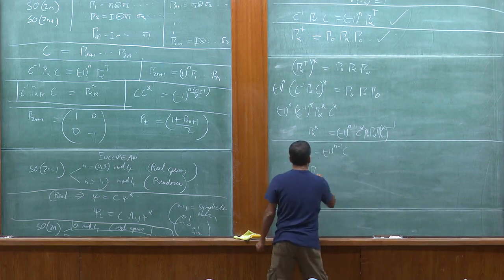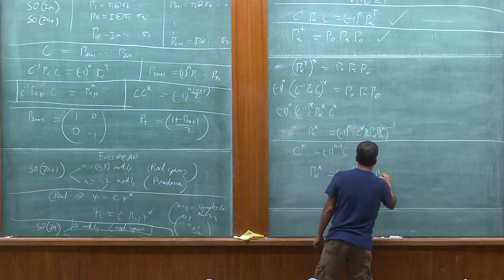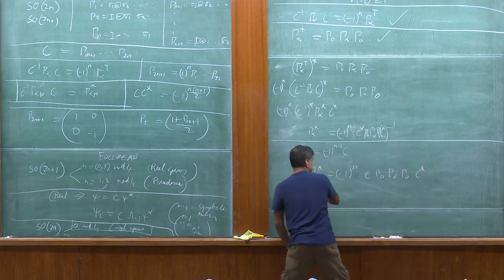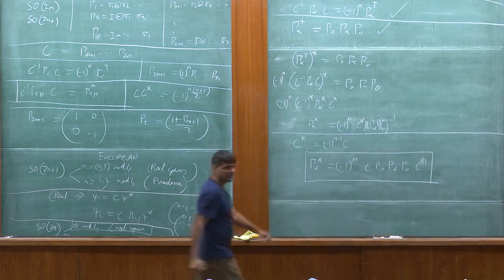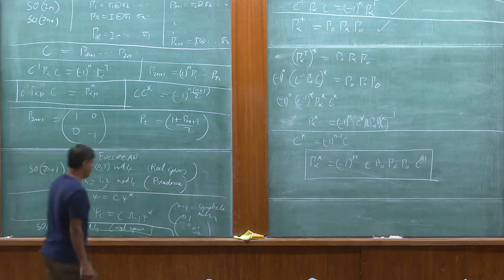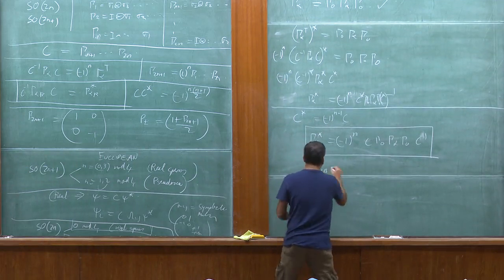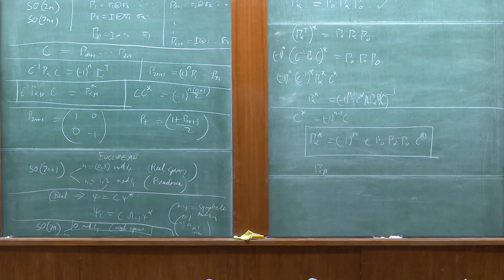Okay, and so we have gamma alpha star is equal to minus 1 to the power n C gamma 0 gamma alpha gamma 0 C inverse. Thank you. Okay, and therefore we get that gamma alpha beta, which was just a product of gammas. If we take that star, we use this relationship for each gamma, so let's work that out.